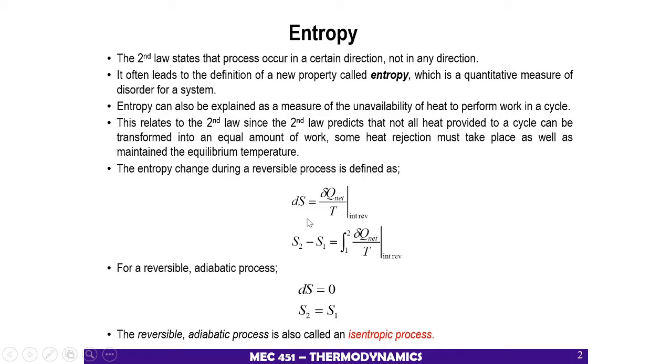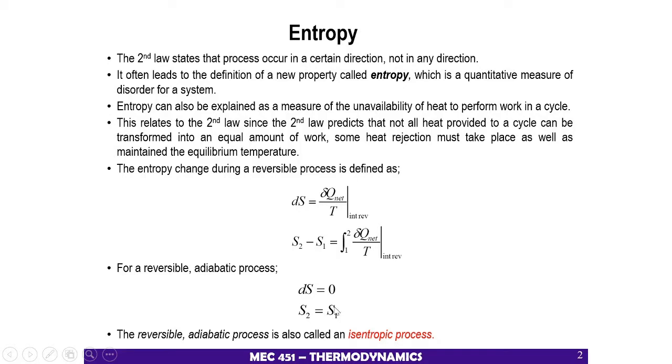So the change in entropy is the change in heat divided by temperature. For a reversible adiabatic process, the change is 0, whereby S2, the final entropy, is equal to the entropy at the initial state.